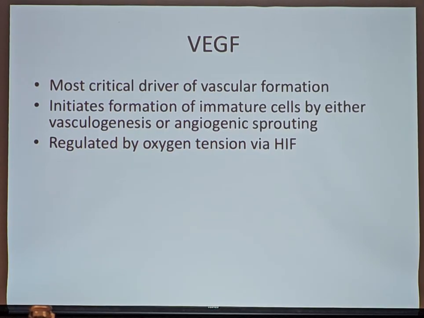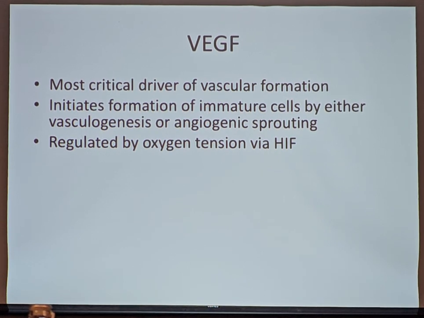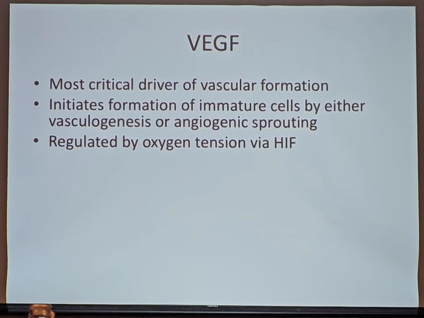VEGF itself is regulated by the oxygen tension within your tissues. So if the oxygen tension is low, then the tissue will derive the hypoxia-inducible factor, and HIF will start to upregulate VEGF.